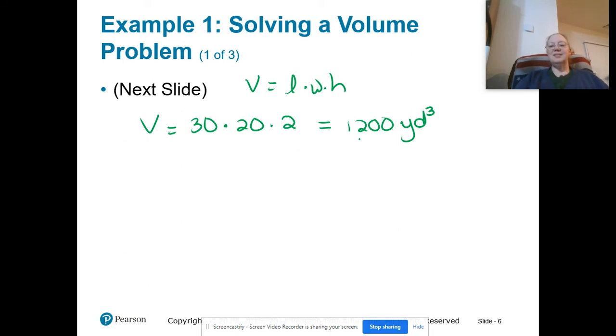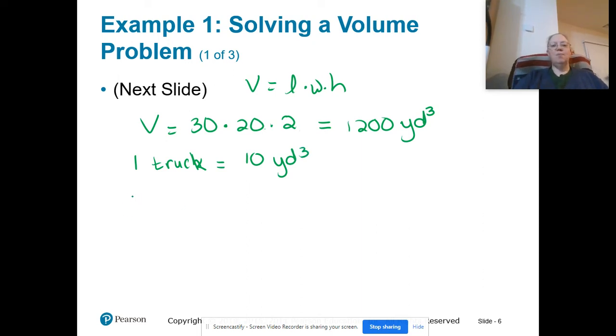So this is the amount of dirt that has to be hauled away. And it said that one truck could haul 10 cubic yards. Okay.